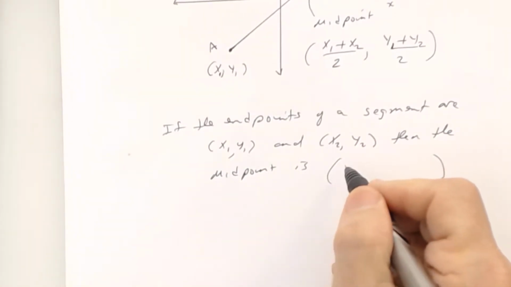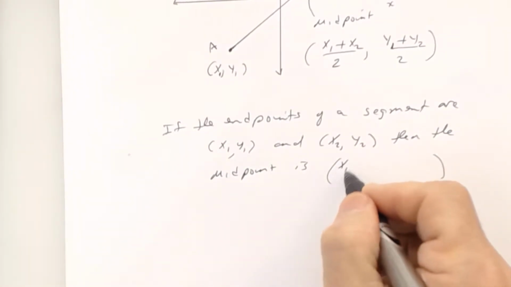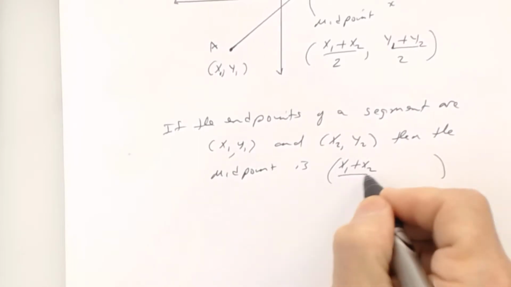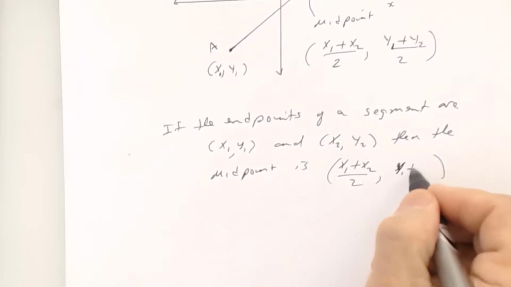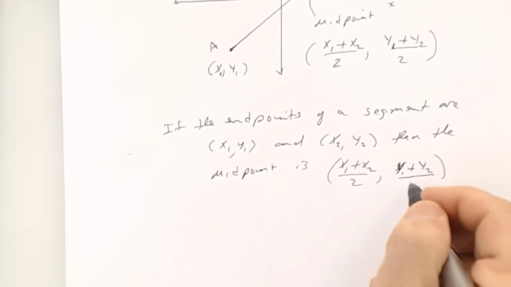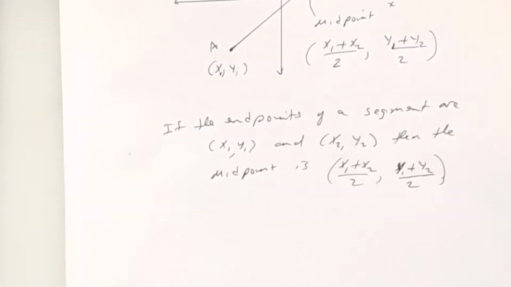How do you find the midpoint? You add the x's together and divide by 2, and then you add the y's together and divide by 2. All right, so that's the formula for midpoint.